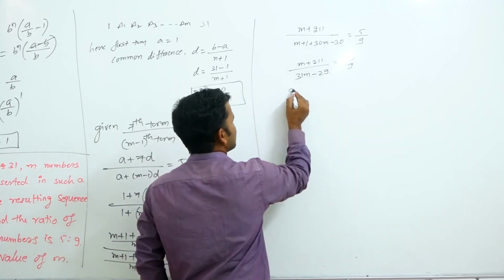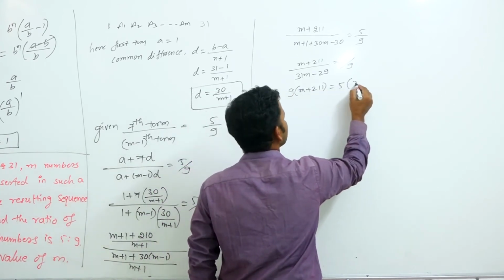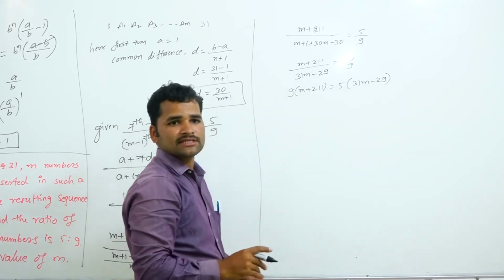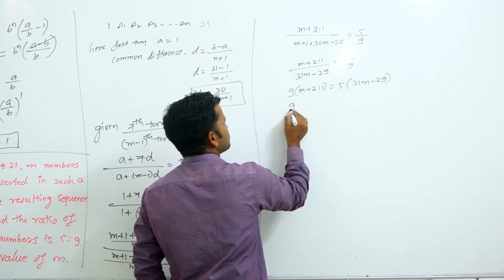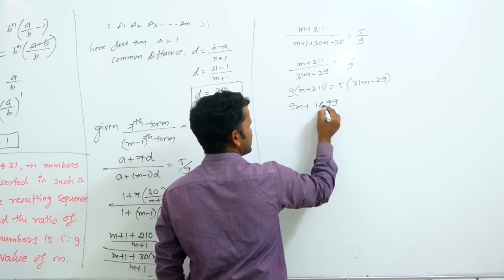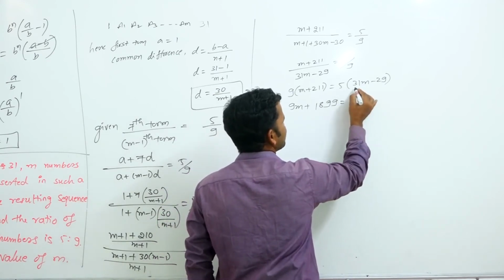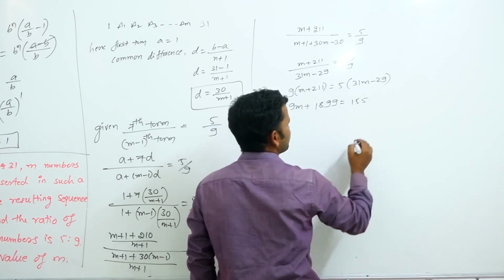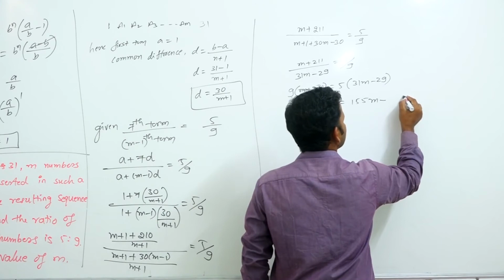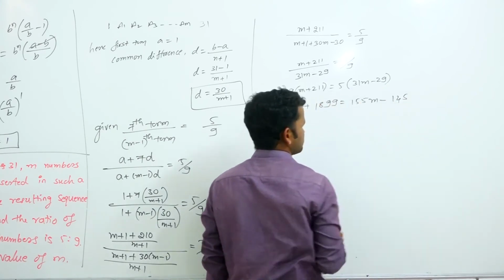Cross multiplying, 9 into (m plus 211) is equal to 5 into (31m minus 29). 9 gets multiplied: 9m plus 1899. Right side: 5 ones are 5, 5 threes are 15, 155m minus 145.